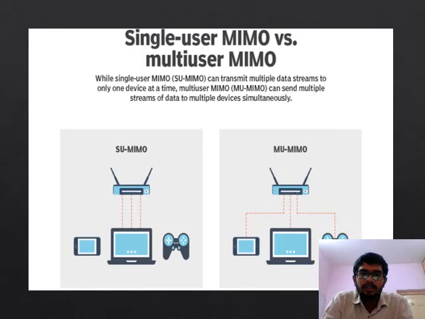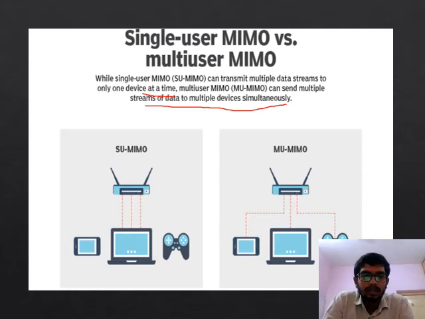In this slide, we study the diagram of single user MIMO and multi-user MIMO. While single user MIMO can transmit multiple data streams to only one device at a time, multi-user MIMO can send multiple streams of data to multiple devices simultaneously.